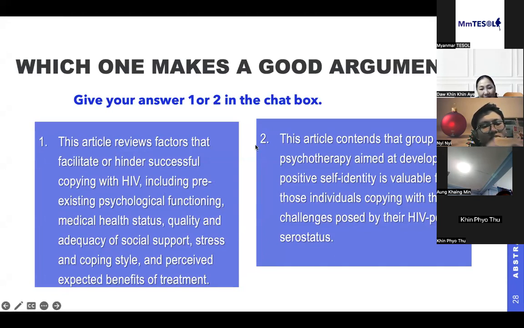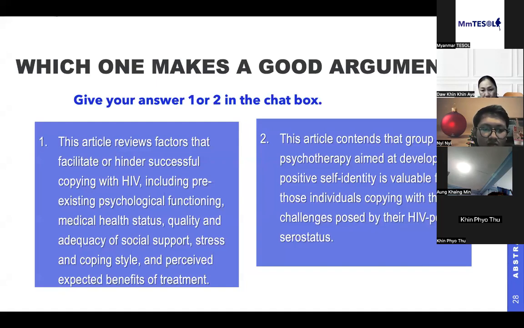Now, what really happened is I understand why people choose one first. This article reviews factors that facilitate or hinder success. When you look at it here, it seems easier to understand. Okay.